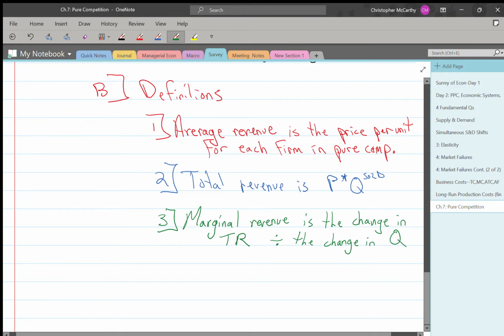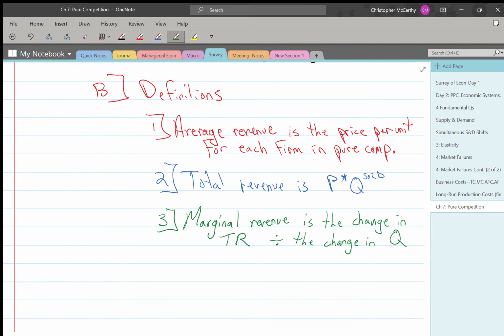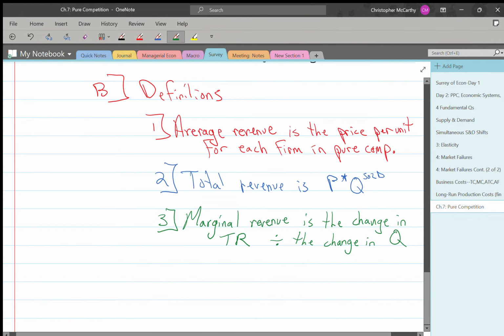For the most part, the change in quantity is going to be 1, but that's not always going to be the case, especially on Connect. Sometimes it goes up by 5, 15. So you just have to make sure that you divide by the change in quantity in the denominator. We could also look at it as the delta symbol here, which means change in math, in total revenue over the change in quantity.